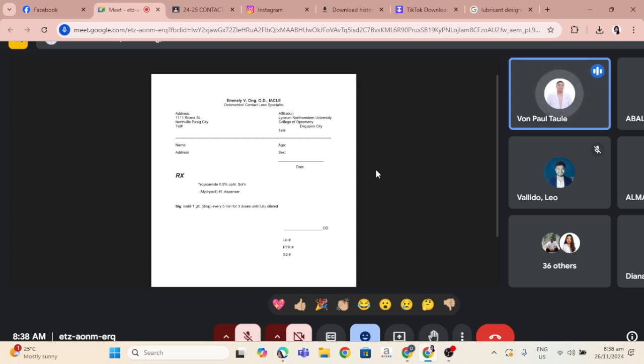And si Menicon Progent is only used for RGP contact lenses, rigid lenses lang siya. Kasi if you were to use this for soft lenses, it would dissolve yung soft lenses ninyo. Okay, that's for contact lens prescriptions.